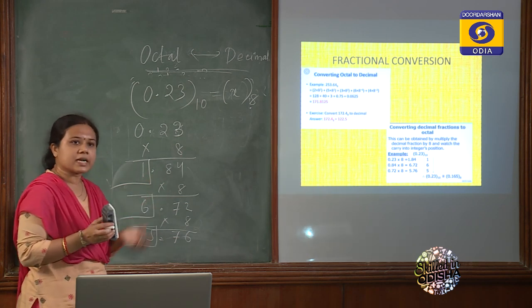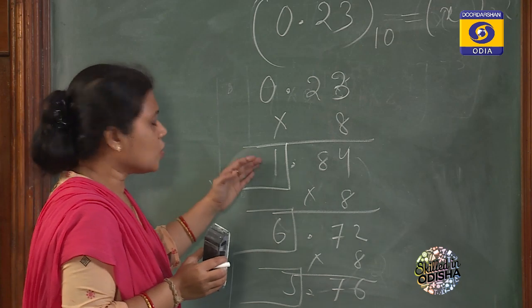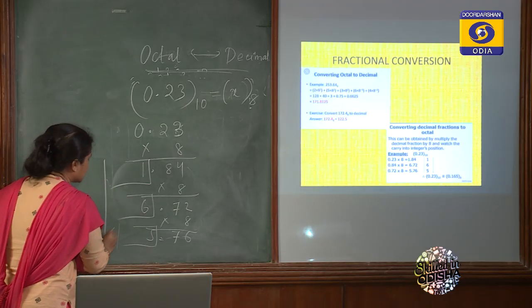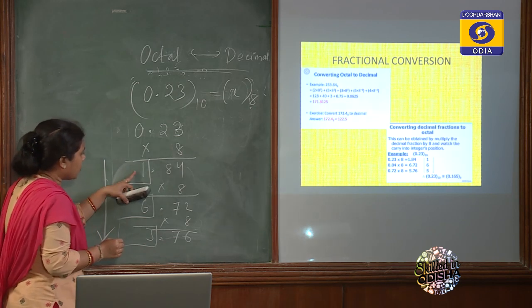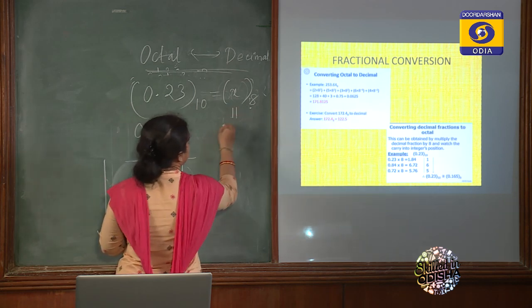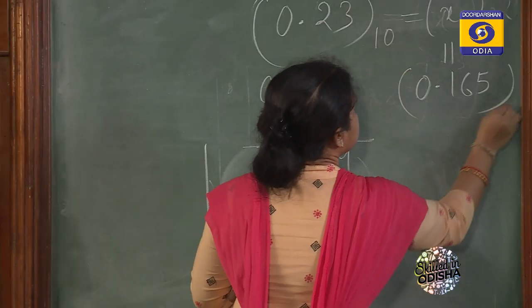Otherwise, if it does not come to 0, then I continue up to 2 or 3 bits. So what is the answer? It is 0.165. So x will be equal to 0.165 and the base is 8.